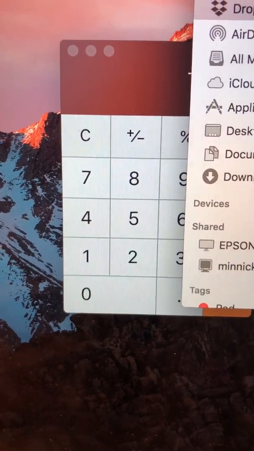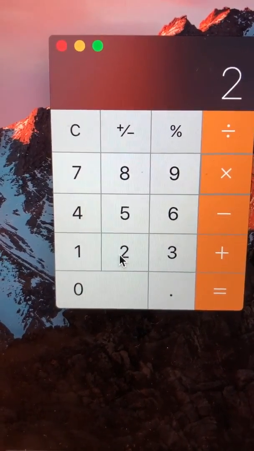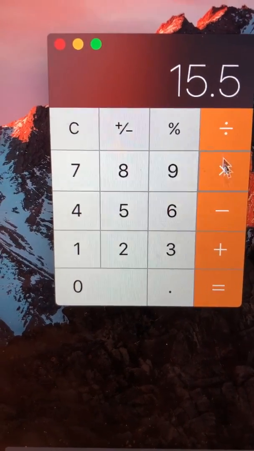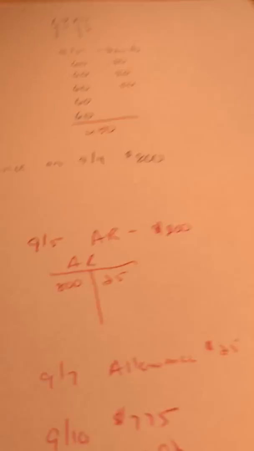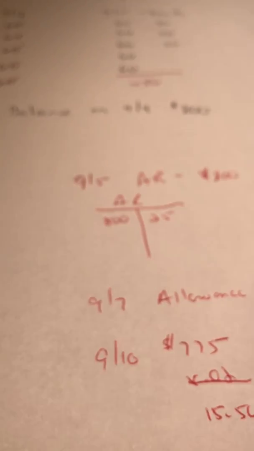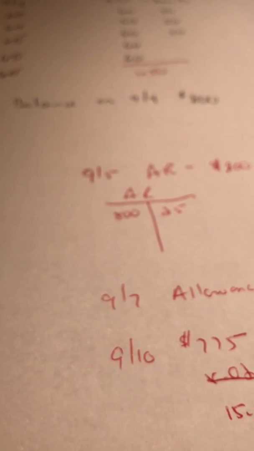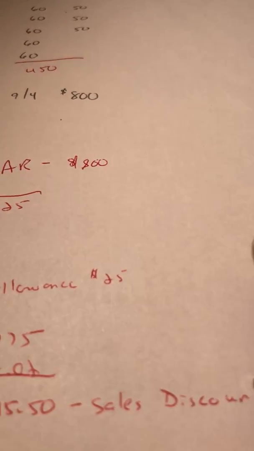Yep. Times 2%. 15.50. So we owe them in discount. So $15.50 in sales discount.